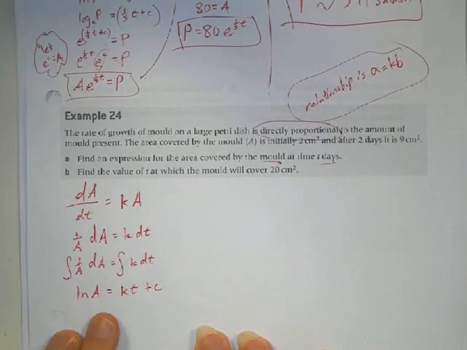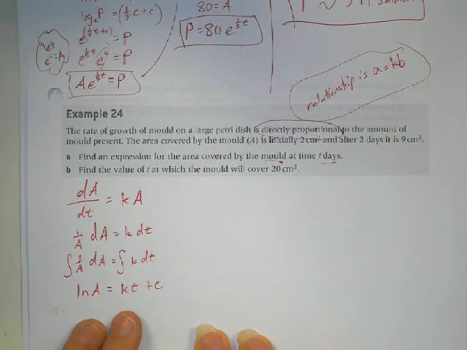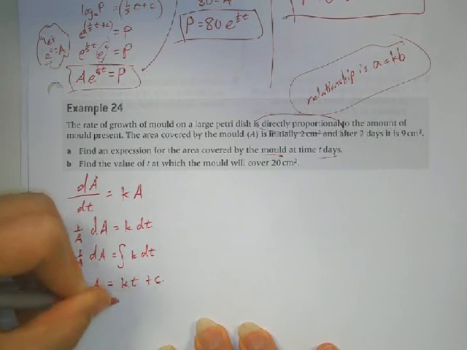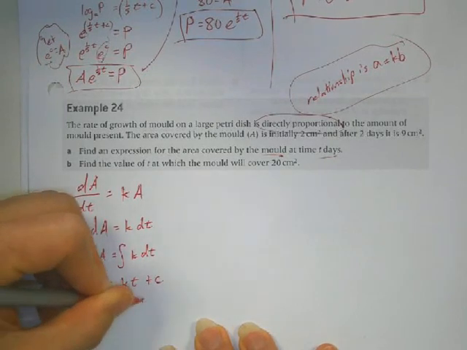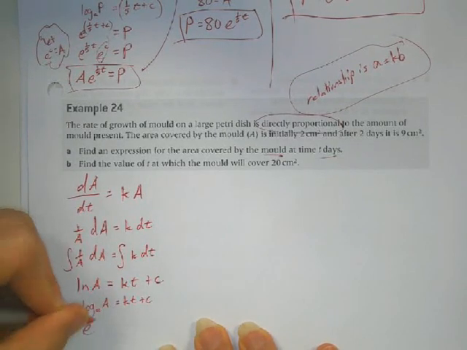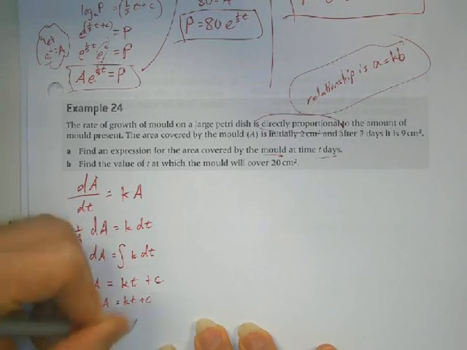So now I'm going to convert this to exponential form. Think of this as log base e of A equals kt plus c. So if I convert it to exponential form, it's e to the power of kt plus c equals A. And remember what we did before.